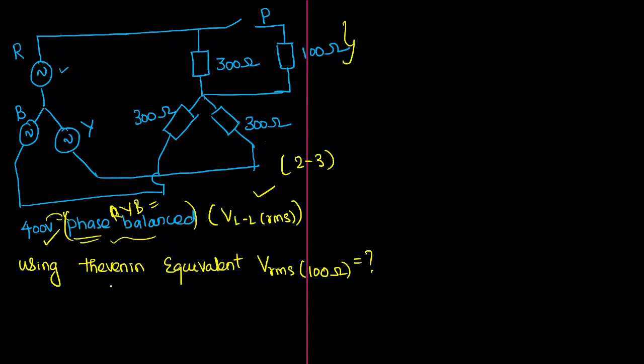It is clearly told that using the Thevenin equivalent circuit, find out the voltage drop across this 100 ohm resistor. Initially, the switch is open. Even while calculating the Thevenin circuit, they told that this 100 ohm resistor is acting as a load. First thing, tell me what is the procedure to calculate the value of Thevenin voltage.